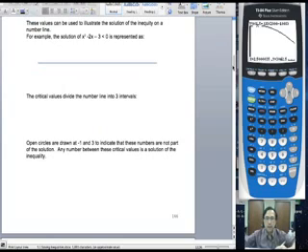If the symbol here is less than or greater than, we're going to use open circles. Okay, so let's count this in as 0, 1, 2, 3, 4. And then on the other side, negative 3, negative 2, negative 1.